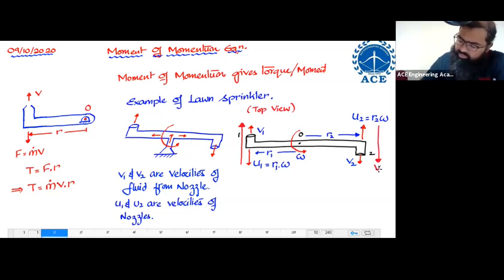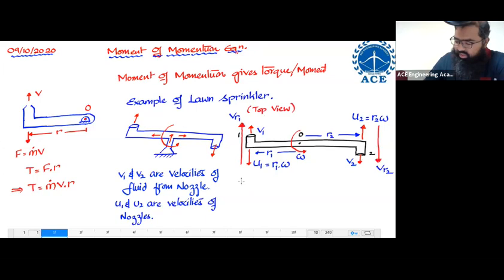Remember, always show relative velocity in the direction of velocity of the fluid itself. Since V1 is upward, I'm showing relative velocity upward. Since V2 is downward, I'm showing relative velocity downward. Let us say these relative velocities are represented by VR1 and VR2.